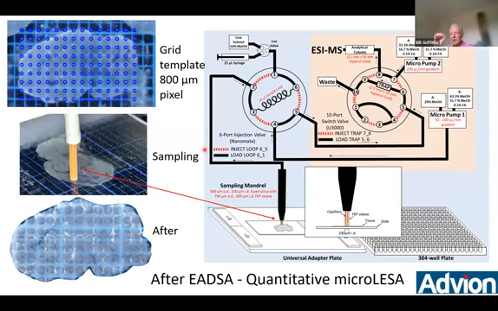So here we have essentially spot extraction of the tissue. The first step is we prepare our sample in exactly the same way as for MALDI, except we don't need to bother with the matrix. We then create a sort of grid template where we split our brain into 800 micron pixels. That's the resolution that we can get with the LESA.